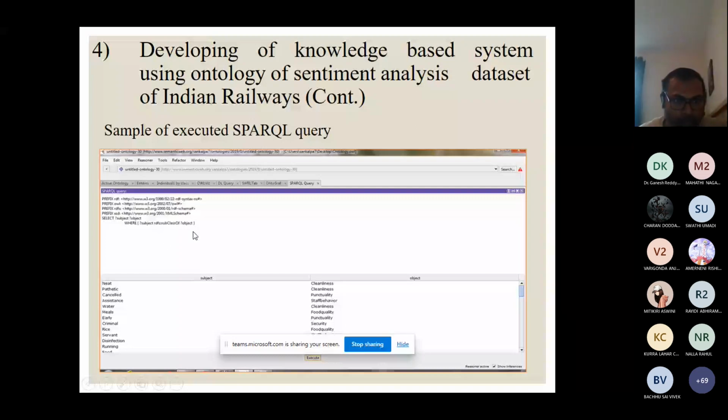So we are getting the output, subjects and objects. This is a small implementation. If you go in depth into implementing the Protege tool, we will get results according to our application. So now I want to do the conclusion.